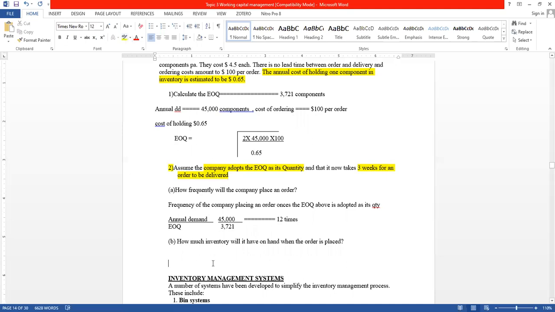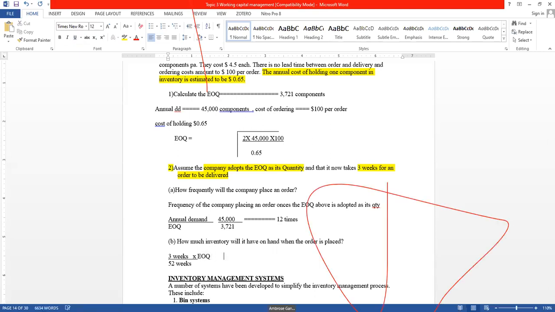So how do we determine the inventory that will be available on hand when the order is placed? So lead time is 3 weeks. How many weeks do we have in the year? 52. So we multiply this by the EOQ. So what is the EOQ? 3721.